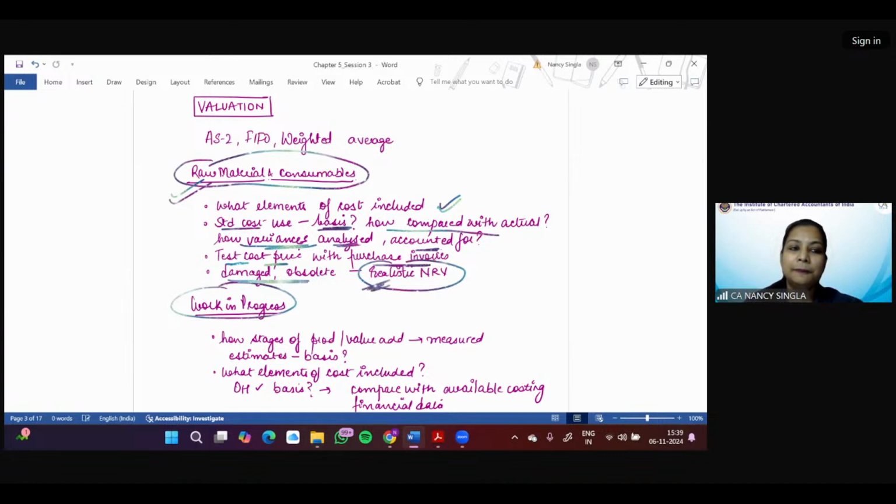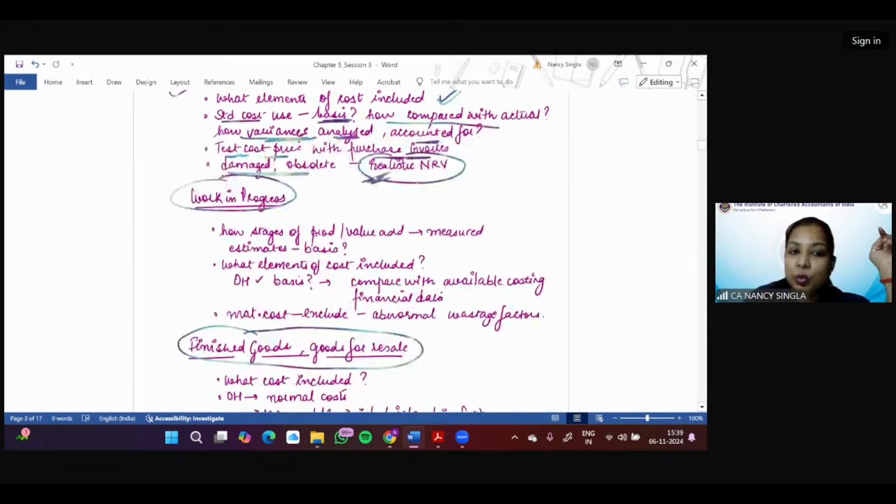Realistic, right? Now, with respect to work in progress, the first thing that comes to my mind is the stage of production, right? And how the same is measured, what is the basis of the estimates, how such stage of production and value addition is considered. And then what are the elements of costing?